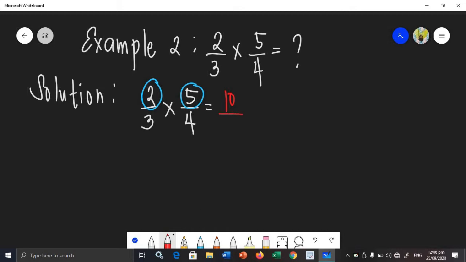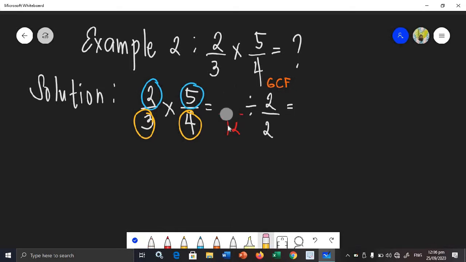And then 3 times 4, that is 12. Observing this 10 and 12, as we all know, they still have a common factor, the greatest common factor, and that is 2. So, we can divide both numbers by 2. So, 10 divided by 2.